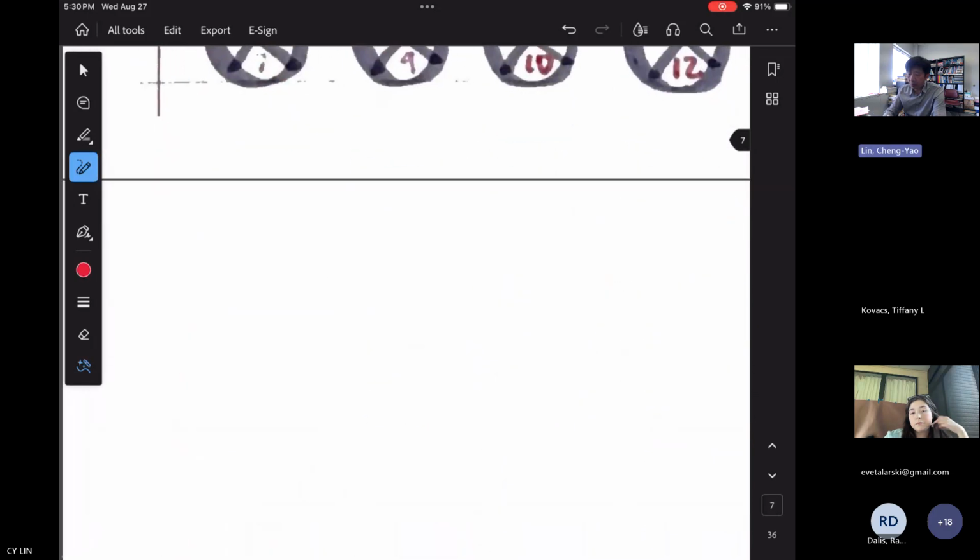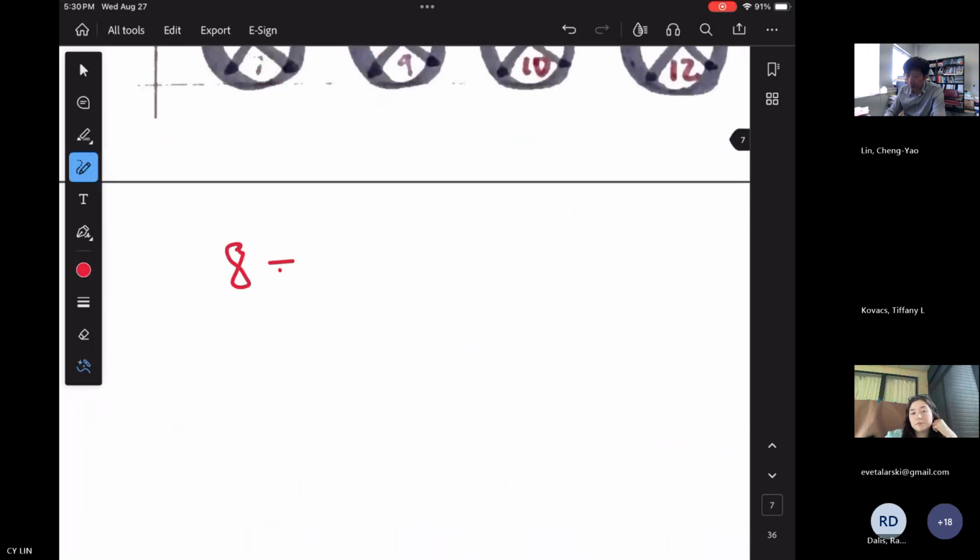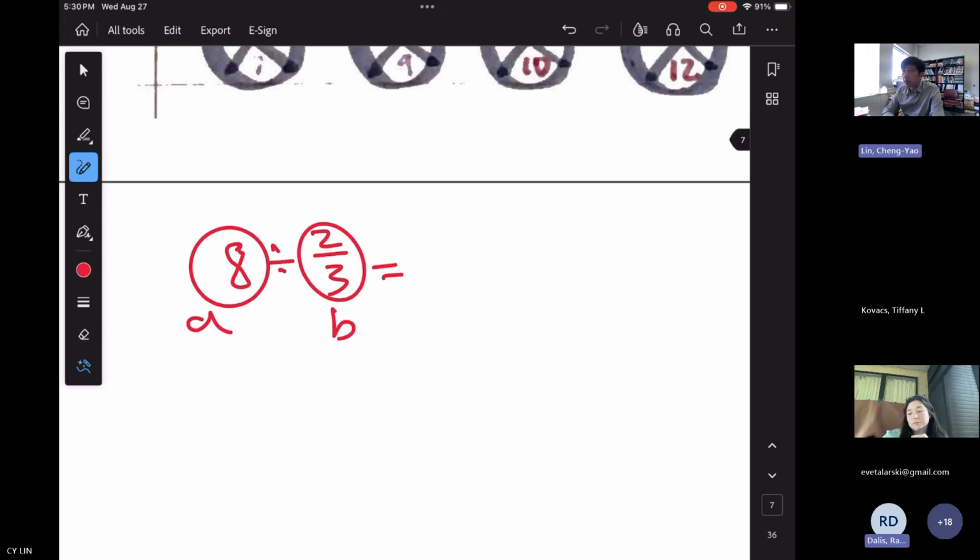So, A divided by 2/3. This is A. This is B. Is that right? A is 8. A over B. Is that right? General rule. Can we say this is 8 divided by 2/3?